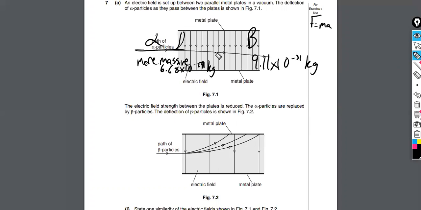This field is strong enough to deflect an alpha particle that's 10,000 times more massive than a beta particle. If you were to fling a beta particle into that, it would immediately crash into the top plate. You wouldn't even get a path. To even see these beta particles showing up here, they have to decrease the strength of the field. That's another thing I forgot. We didn't keep the field strength constant, but I don't think it affects any of our answers.